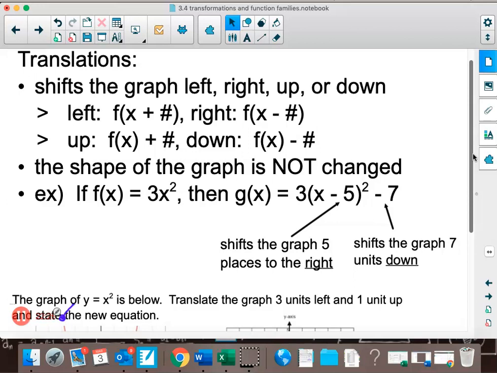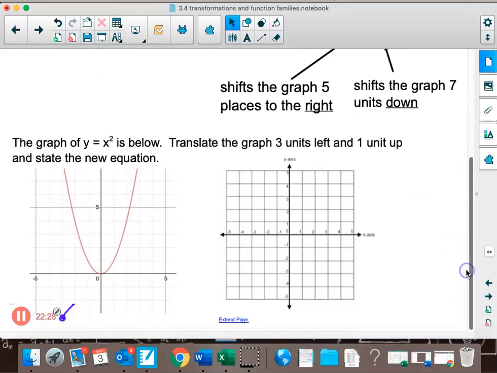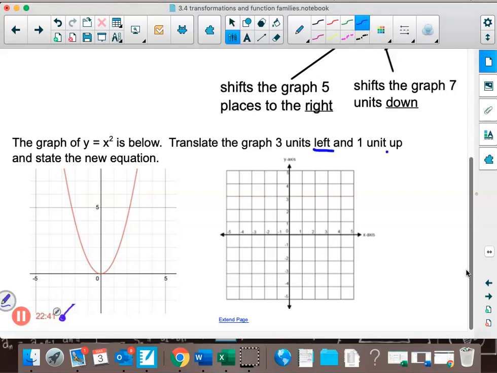So anyway, we're going to translate the graph of y equals x squared by moving it 3 units up, or I'm sorry, 3 units left and 1 unit up. 3 units left and 1 unit up. So you don't have to do the equation yet.